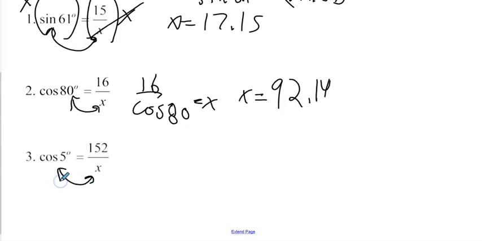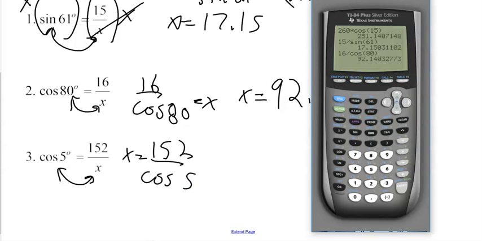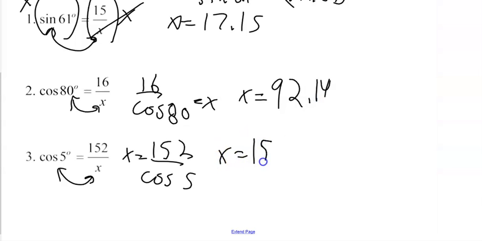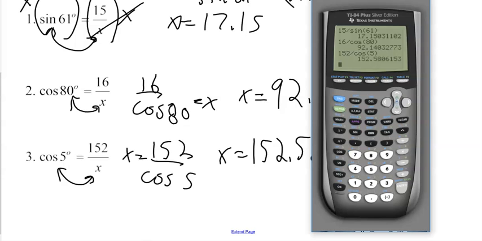X is on the bottom. X equals 152 divided by cosine of 5. 152 divided by cosine of 5. 152.58. I believe. Yep.